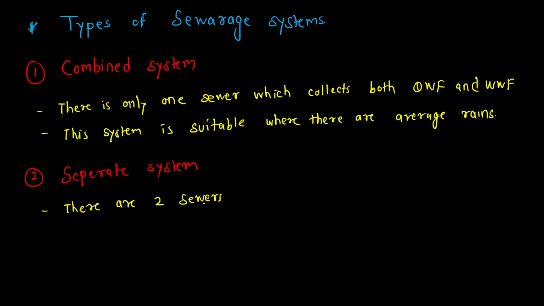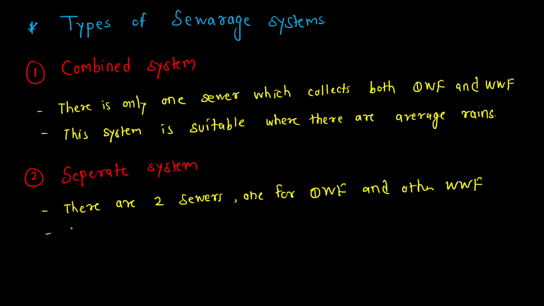In this case there are two sewers, one for dry weather flow and the other for wet weather flow. This system is suitable only where the rainfall is higher, because if the rainfall is not high, the second sewer that takes the wet weather flow will remain idle and there will be no use in designing it.